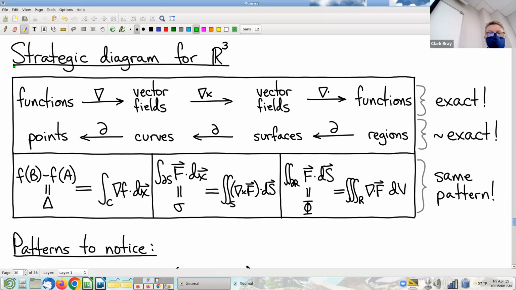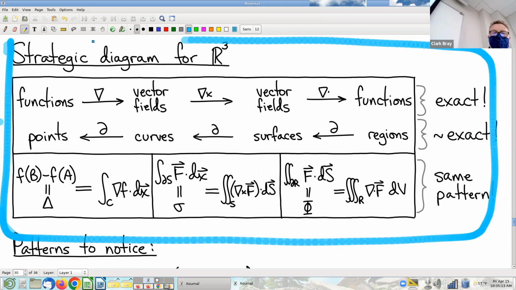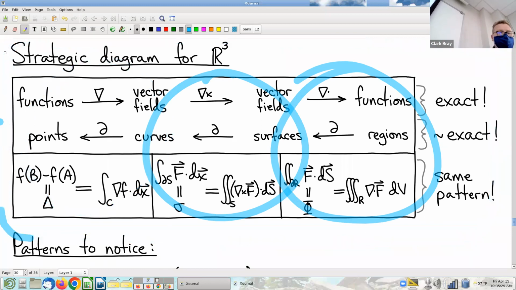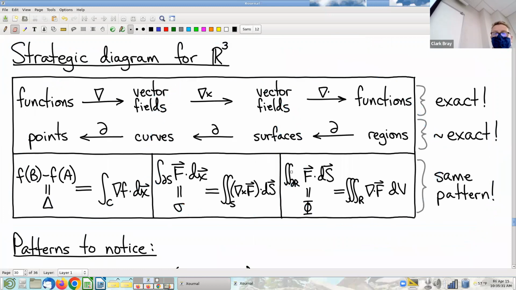And here it is. Strategic diagram for R3. Notice it looks a lot alike. Now there are 3 different places on the diagram instead of 2, because we're in 3 dimensions instead of 2. So that's no surprise.